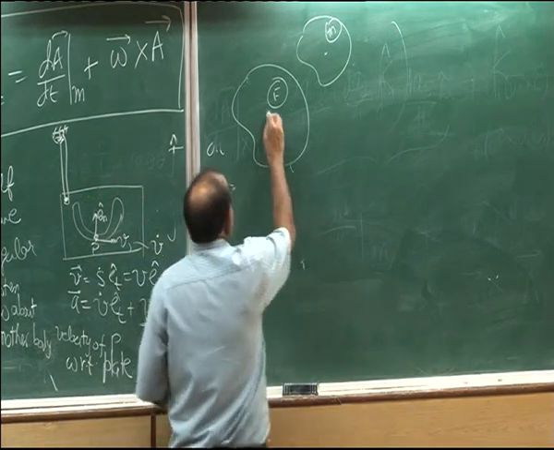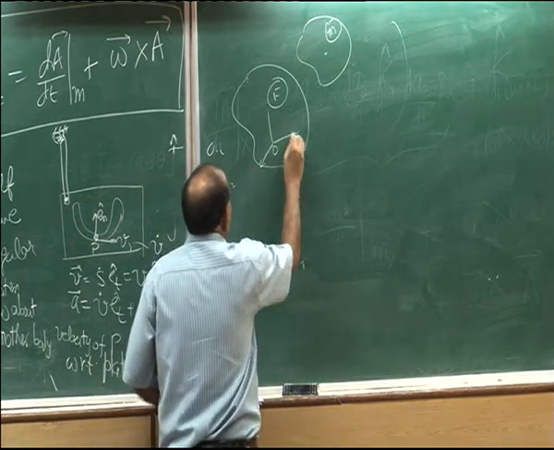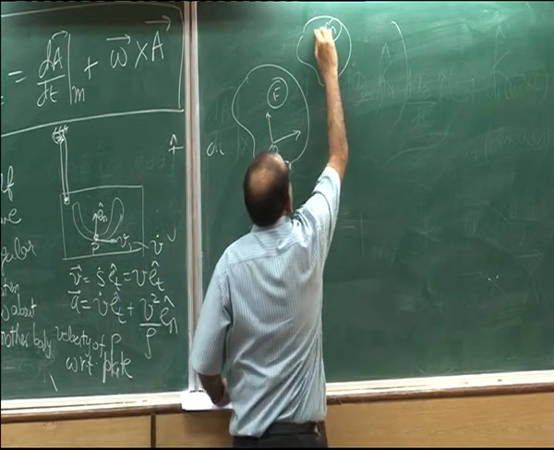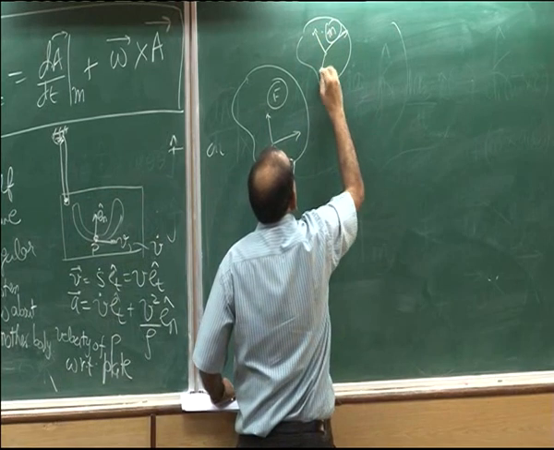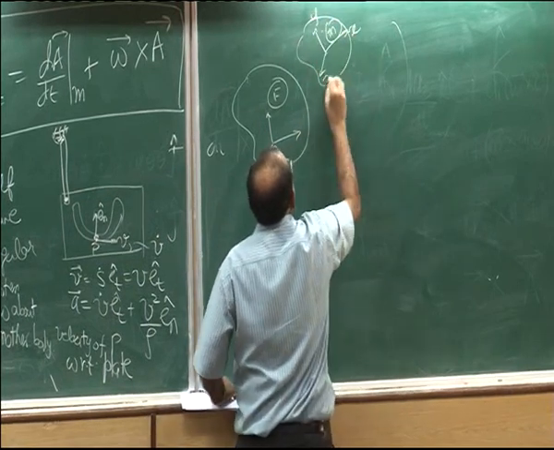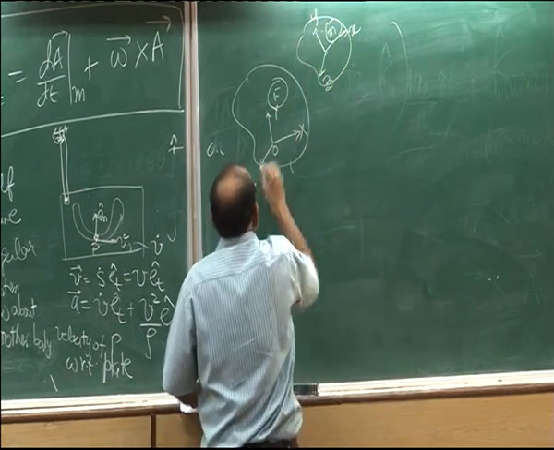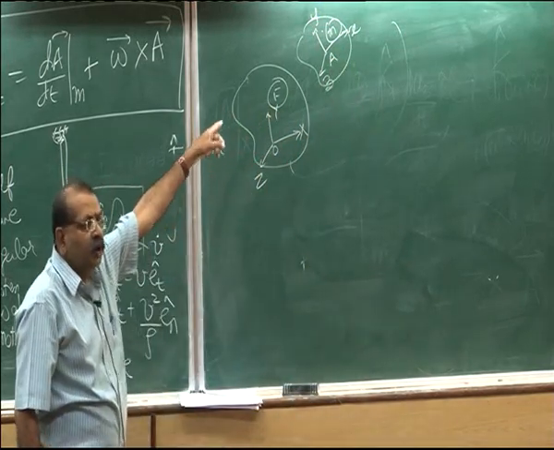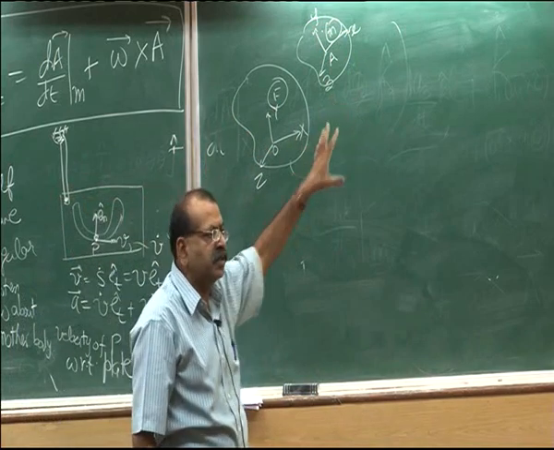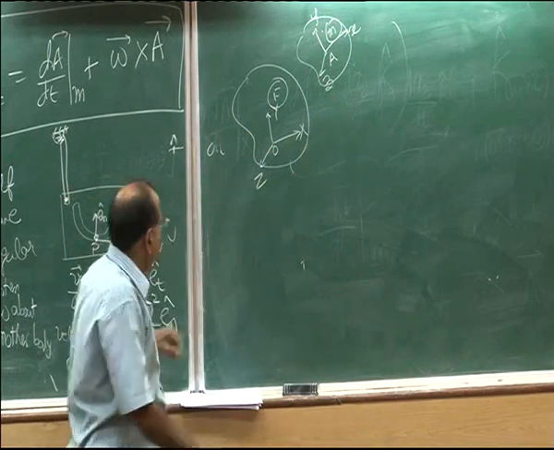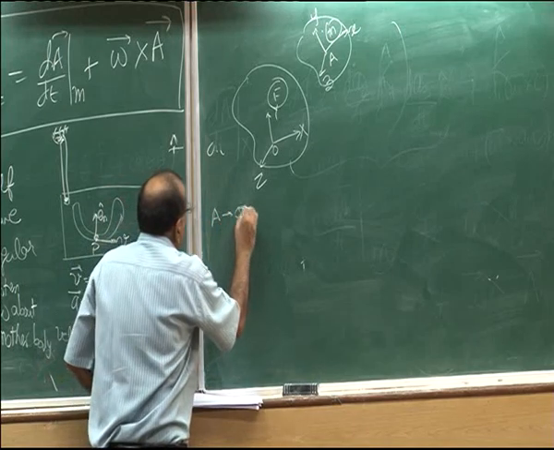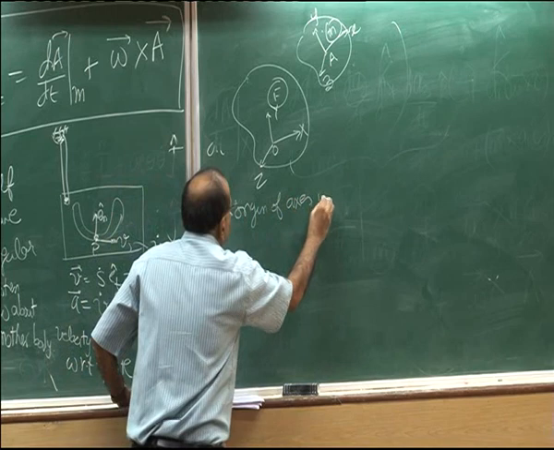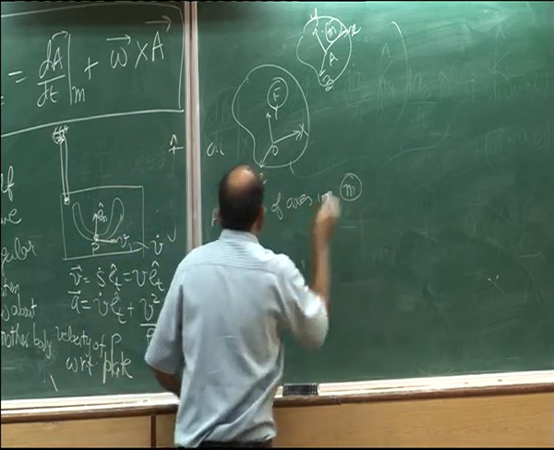Let this be O. We have small xyz, capital XYZ. Let A be the origin in the moving frame where the axes are fixed. O is the origin. So A is the origin of axes in small m.